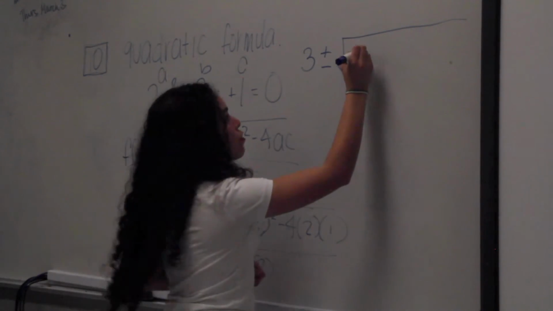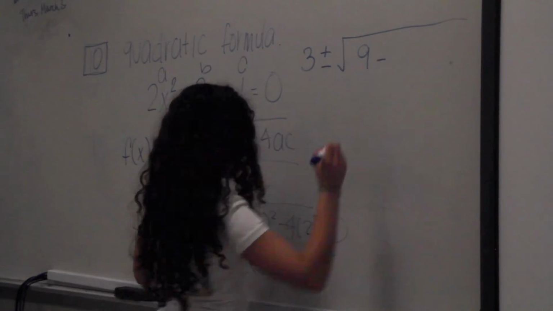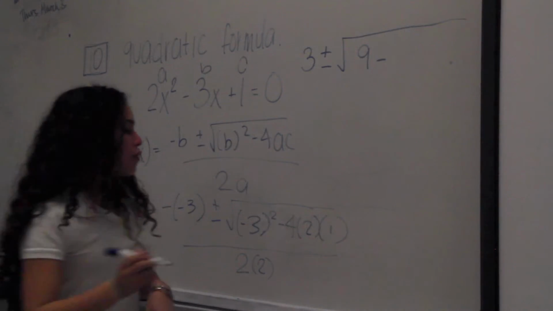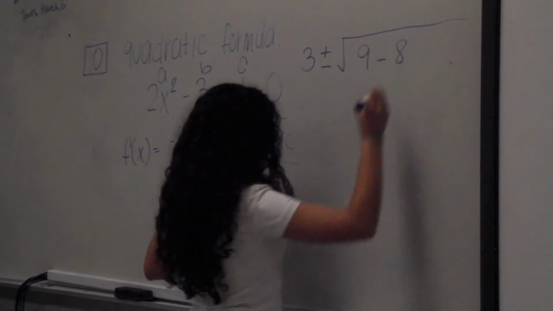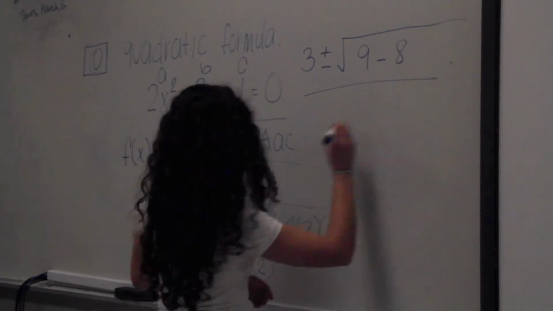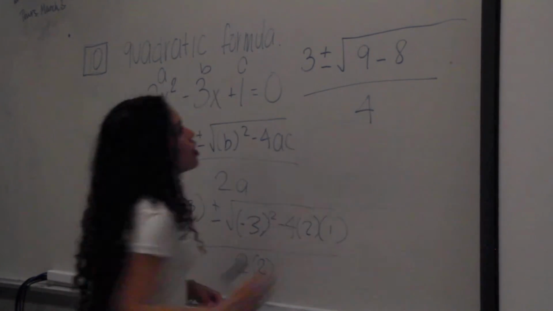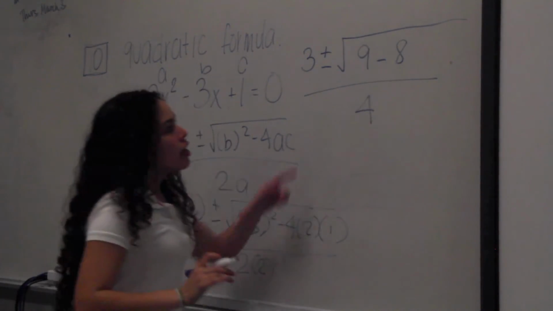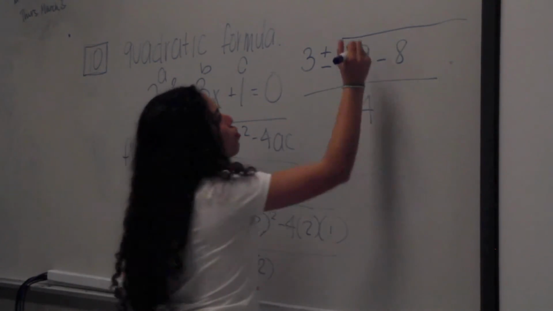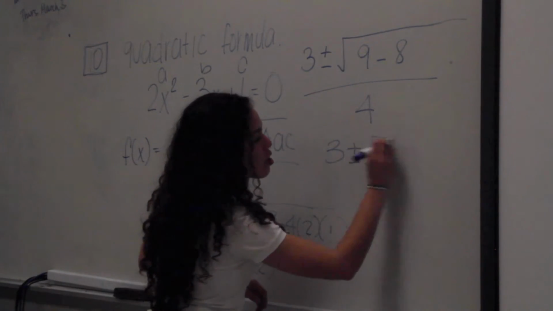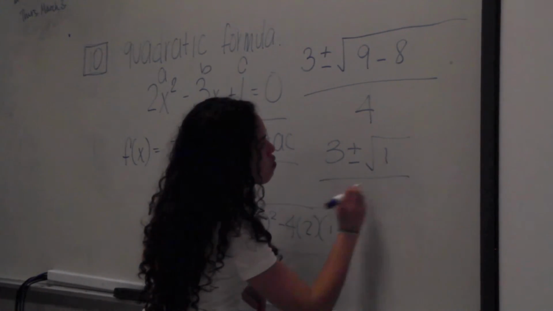So 9 minus 4 times 2, which is negative 8, times 1, over 4. So now we're going to work inside the radical first. 9 minus 8 is 1. So basically 3 plus or minus the radical of 1, over 4.